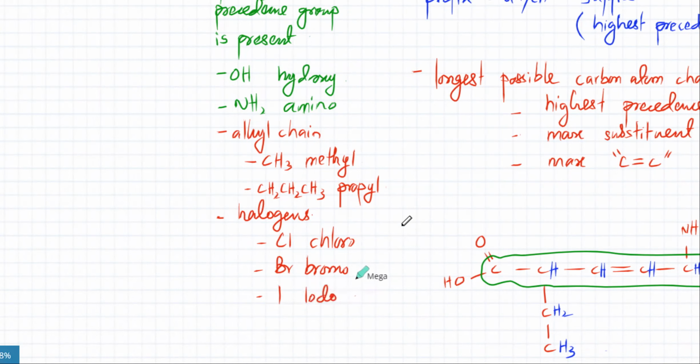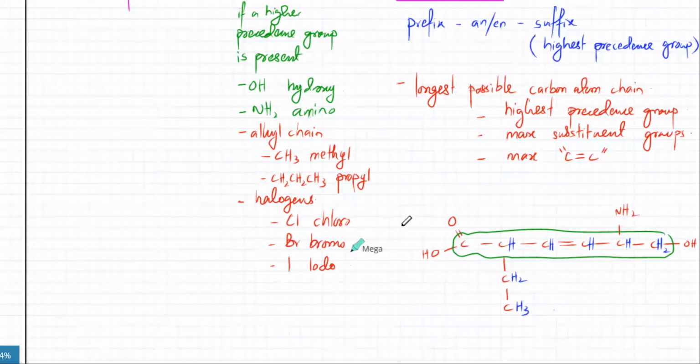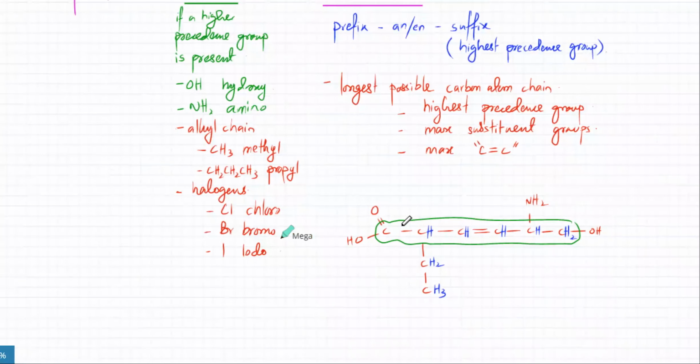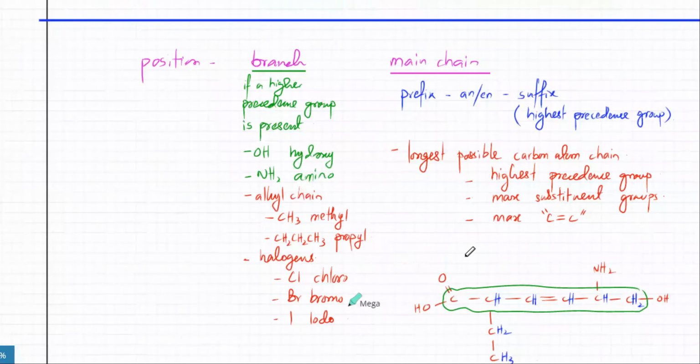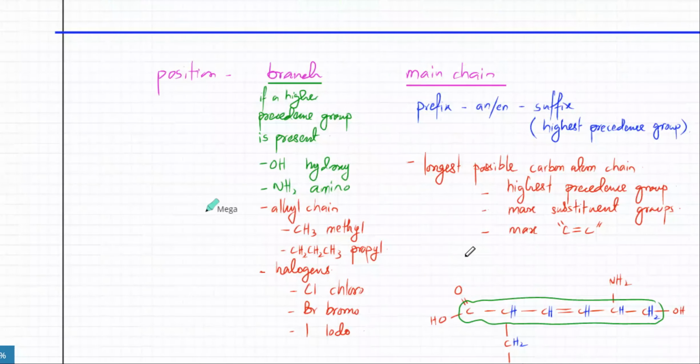So these would be your branches as well. All the other things would be considered branches attached to the main chain. And position we've already discussed, like which side do you count? You give the smaller number to the highest precedence group, so the smaller number to the most important group.